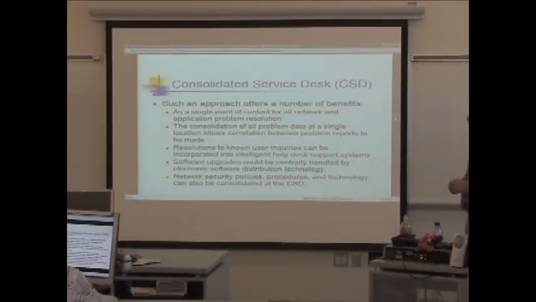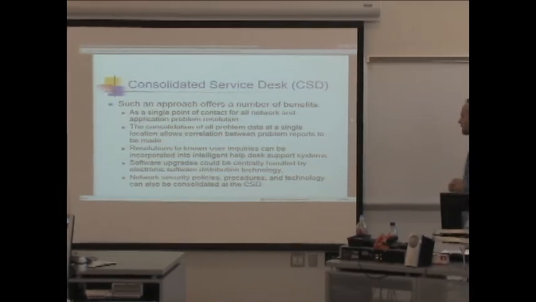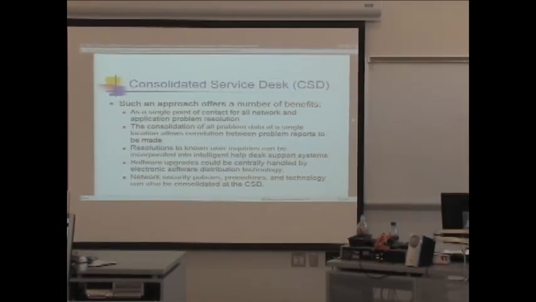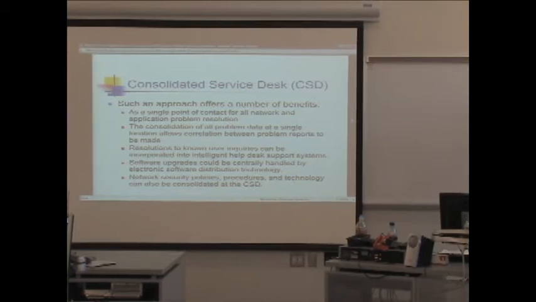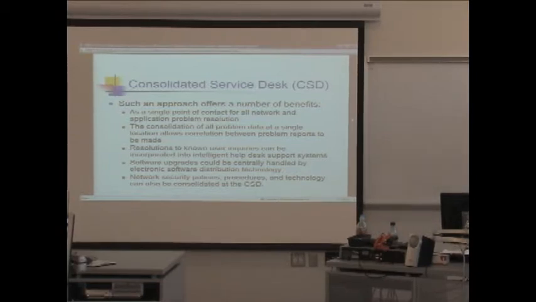Network security policies, procedures, and technology can also be consolidated at the CSD, or Consolidated Service Desk. So the idea is to not have fragmented components out there each handling different areas or issues. Bring it into one place, and then, if need be, distribute it out to the appropriate personnel.